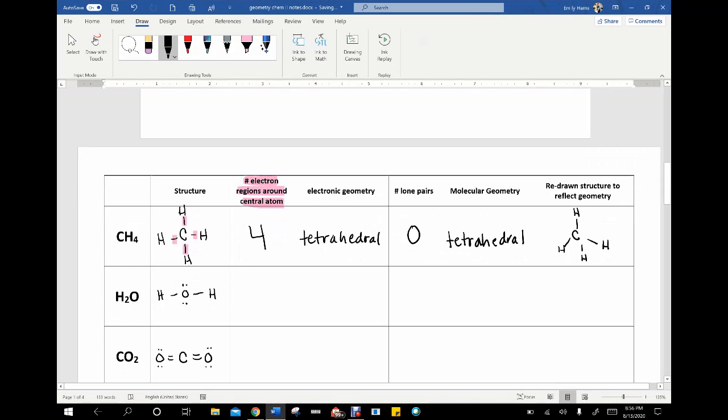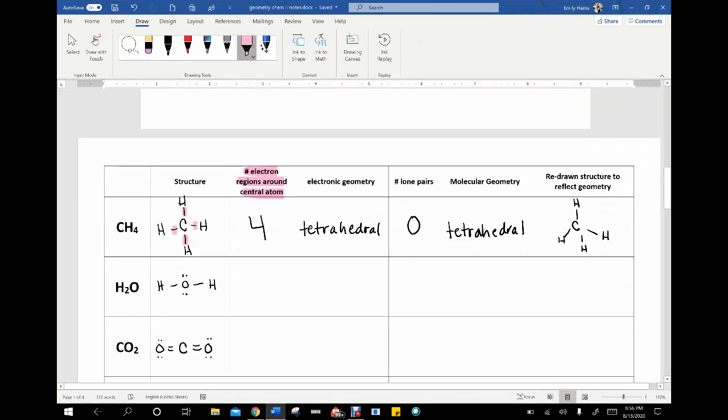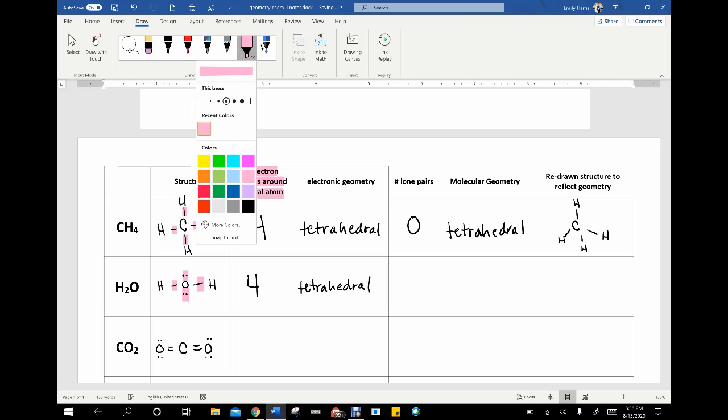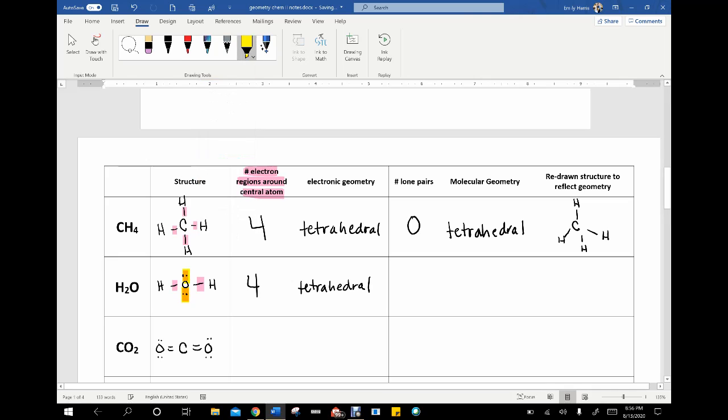All right, so now let's do our next one, H2O. So start with electron regions: 1, 2, 3, 4. 4 electron regions corresponds to a tetrahedral electronic geometry. But in this case, we do have 2 lone pairs.